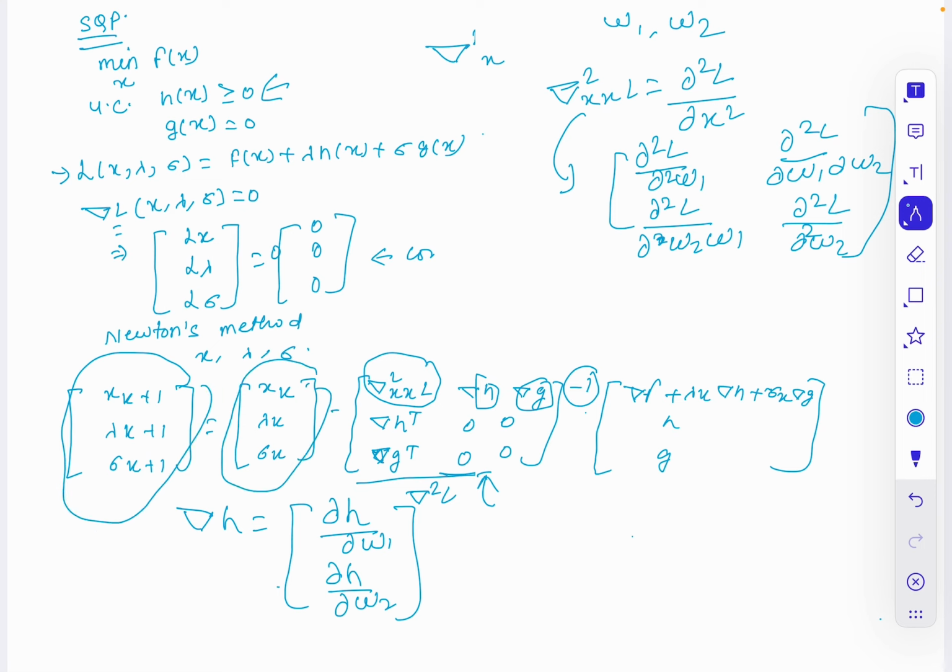So let us see how SQP does it. Okay, so SQP defines a new problem. You make some initial guess of xk, lambda k and sigma k. All these three things will be treated as constants. Now you will be solving another problem.